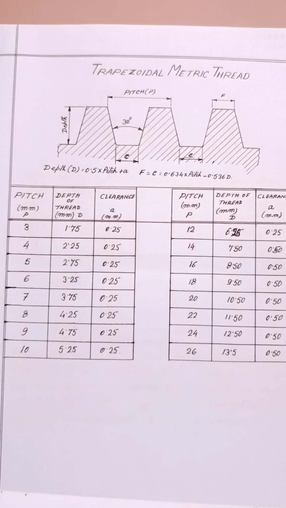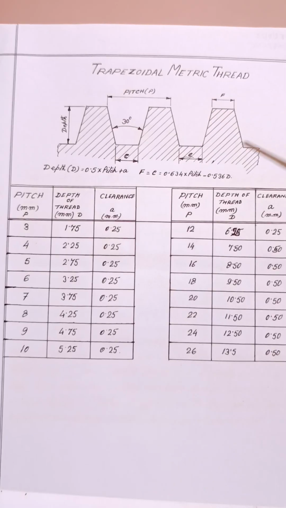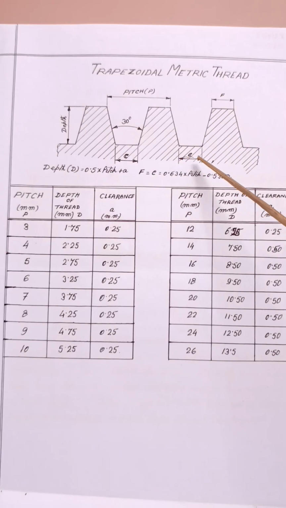With ACME thread, sometimes we set the tool and cut rough, without giving any angle, just a straight square thread, maintaining the distance that comes out by calculating.